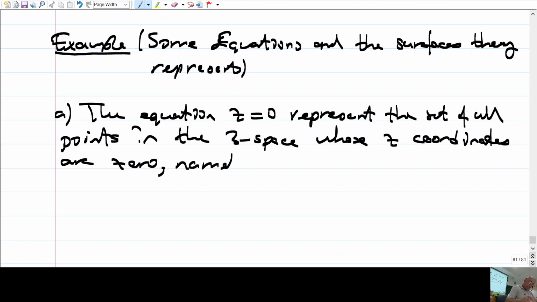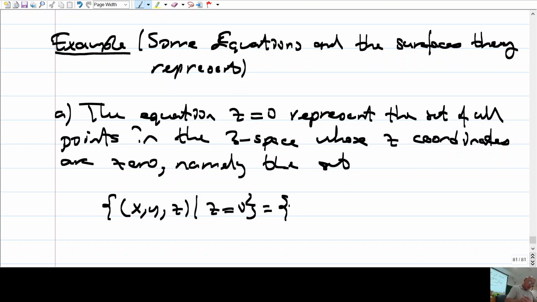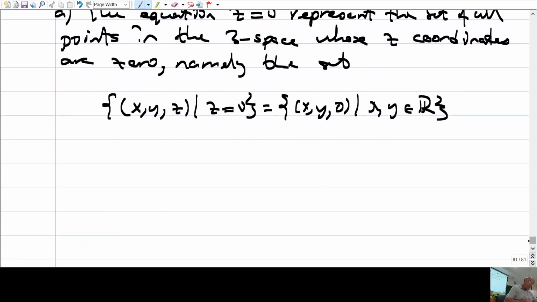Namely the set, the set of x, y, z such that z coordinate is 0. So actually this is x, y, 0. X and y are real numbers. What is this? Well, right, this is just the XY plane, right?